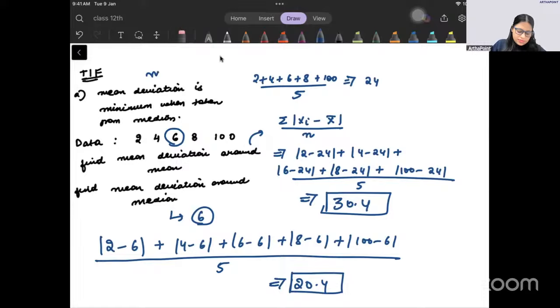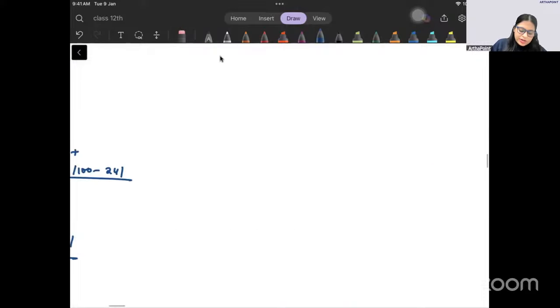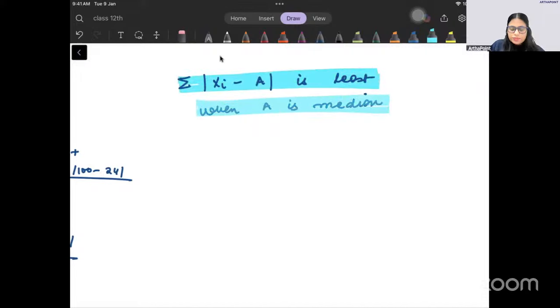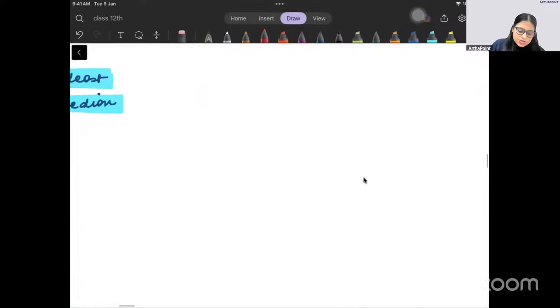Median. So ये एक property हो गया that summation |xi minus a| is least when a is median. When you find deviation around median in absolute value, it is the minimum. ठीक है?